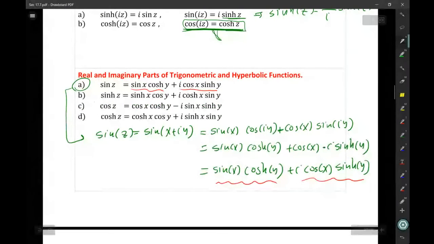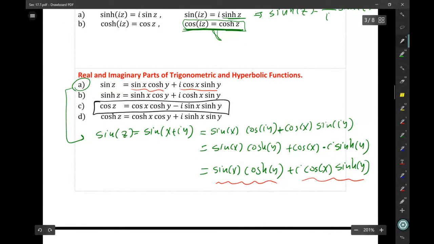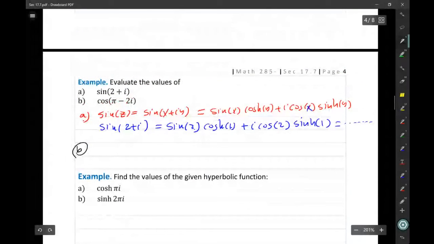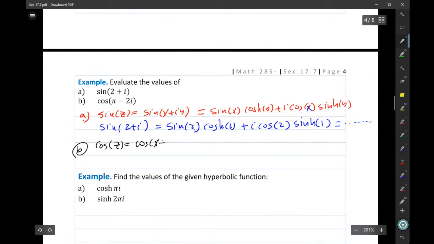This is the cosine identity: cosine of z, which is cosine of x plus iy, is equal to cosine x cos y minus i sin x sin y.